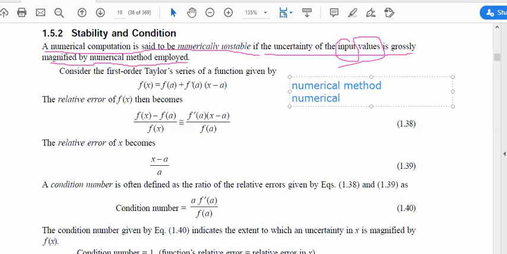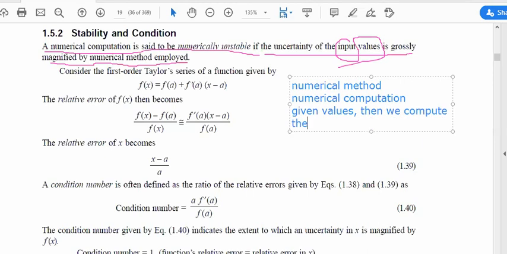In numerical methods, we talk about the given values. Then we compute the function, or y, the dependent value.